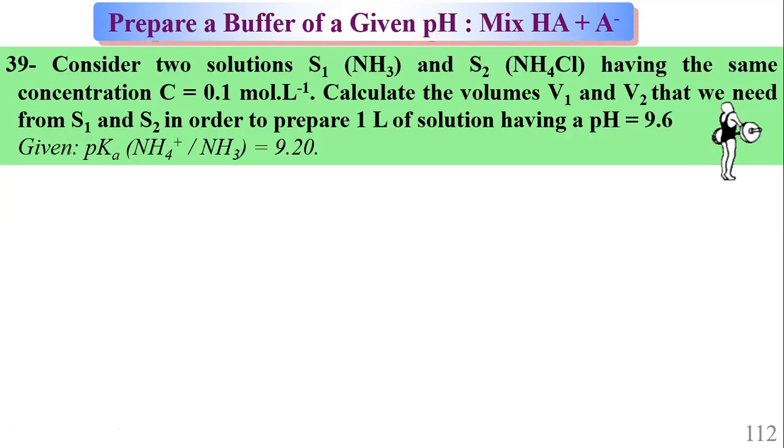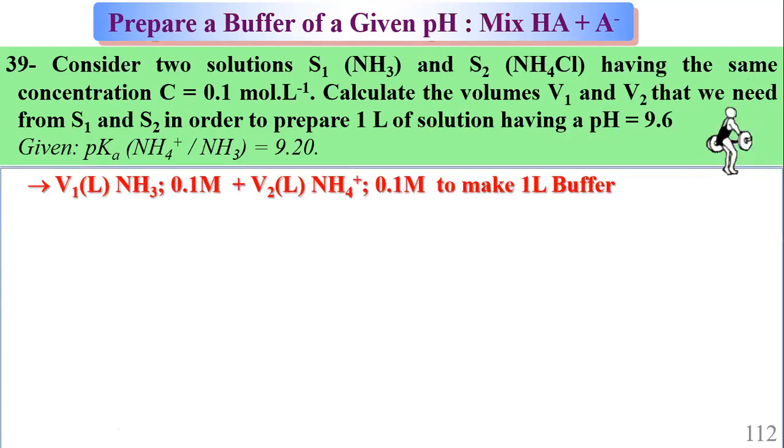Of course, they don't tell you that this is a buffer, okay? Well, okay, but you have to know that the minute I mix ammonia with ammonium, that this type of solution is a buffer. Okay. And once you know that, you're making 1 liter of a buffer and you have the pH of the buffer that you're making.